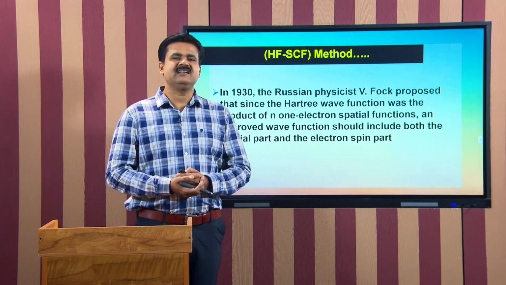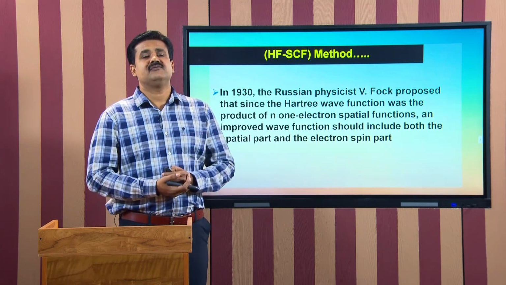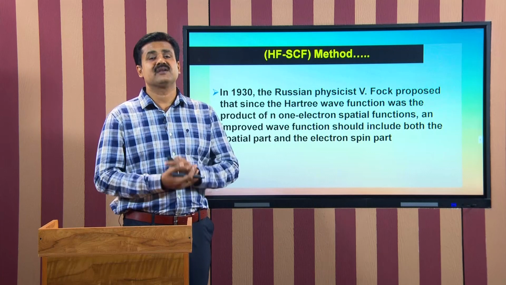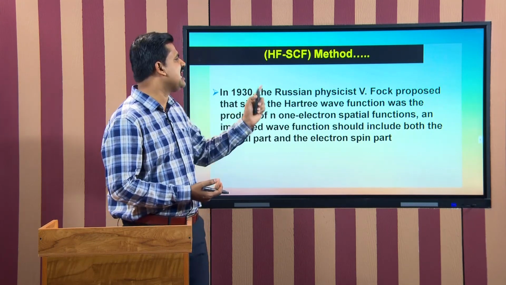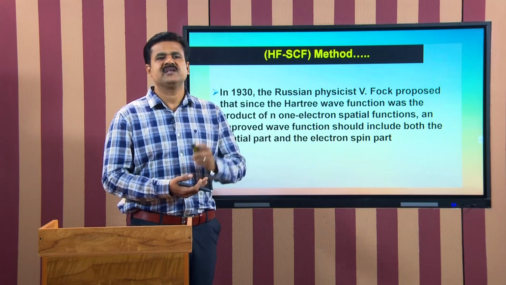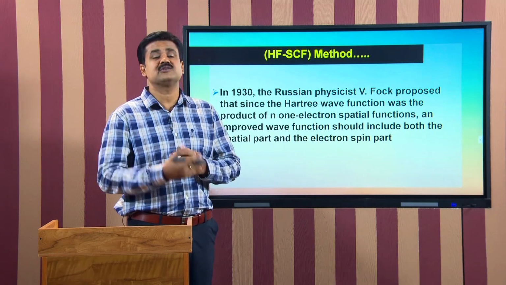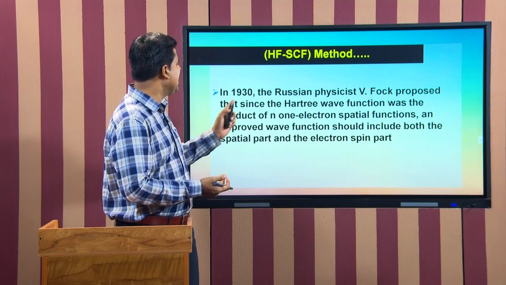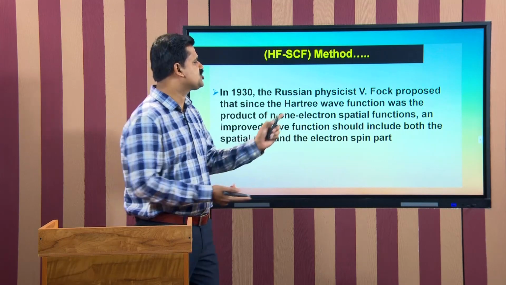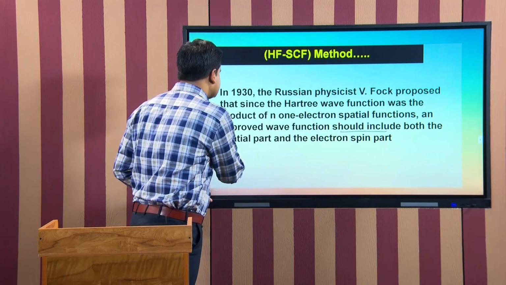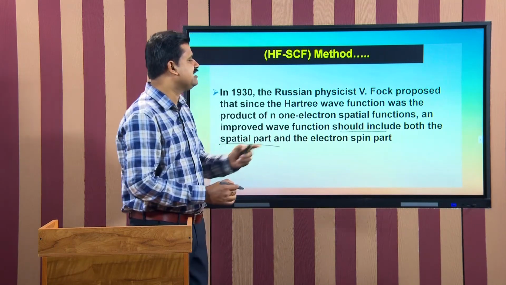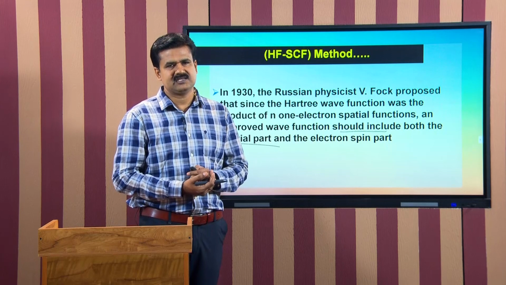In 1930, the Russian physicist Vladimir Fock proposed that since the Hartree-Fock wave function was the product of n one-electron spatial functions, an improved wave function should include both the spatial part and the electron spin part.